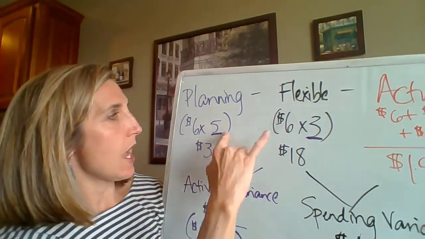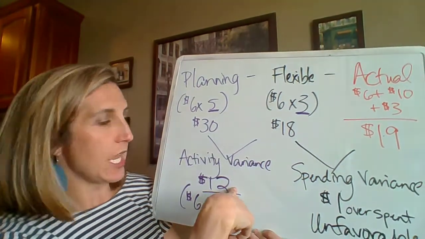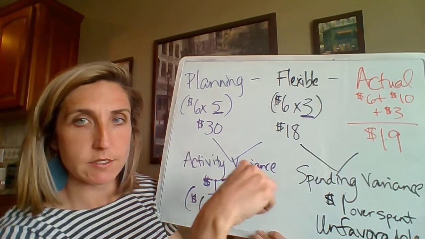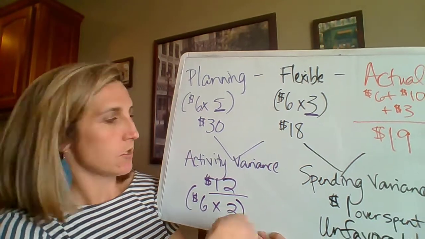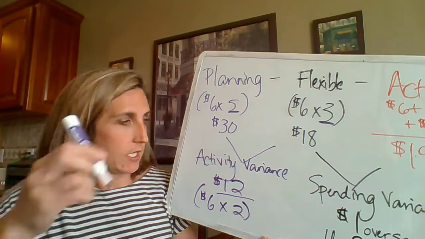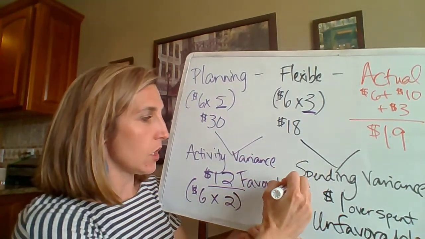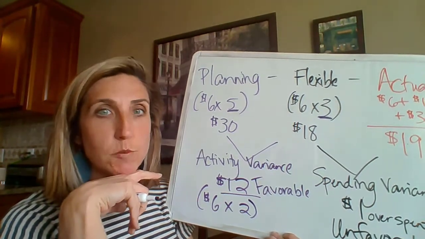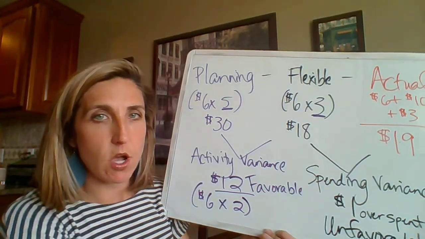So looking at mine, I actually had a difference of $12, which came from two days less activity that I was going to save $6 each day. So this is actually going to be labeled a favorable variance. If you have less activity, your cost would be favorable. You should be spending less money, right, on activity, creating less cost.